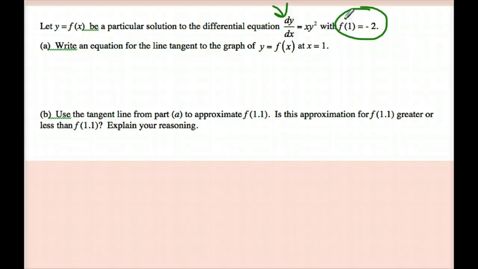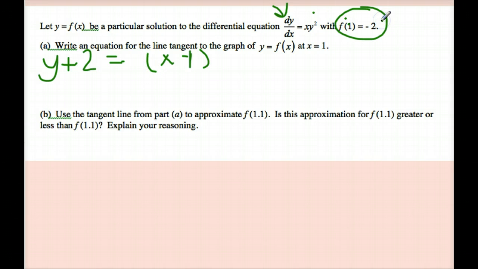I plug in y minus y1, which is negative 2, so I do plus 2, is equal to the derivative at that point times x minus 1. So y plus 2 is equal to something times x minus 1, and I need to find what that something is.